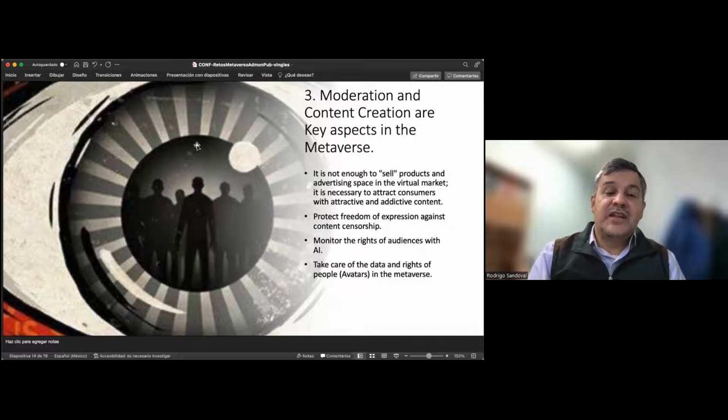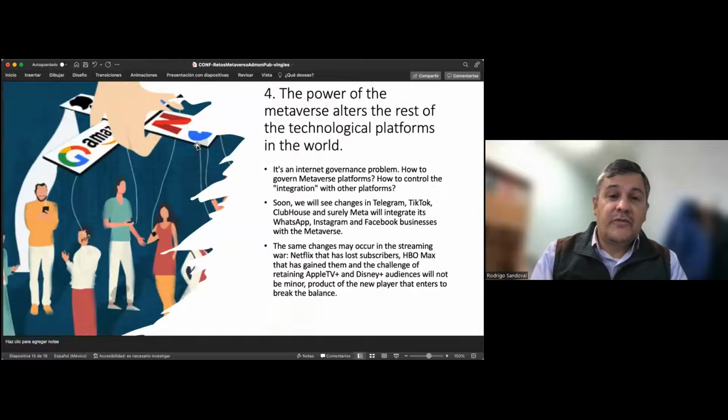Is there a need for a regulator or a government or a regulation that moderates the content creation in the metaverse? And can it punish or make some sanctions on the companies that present the content? So that is, in my opinion, some of the problems.